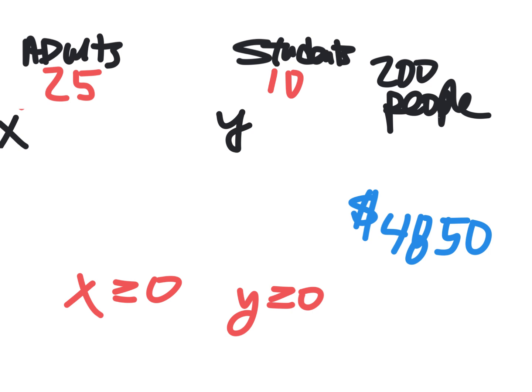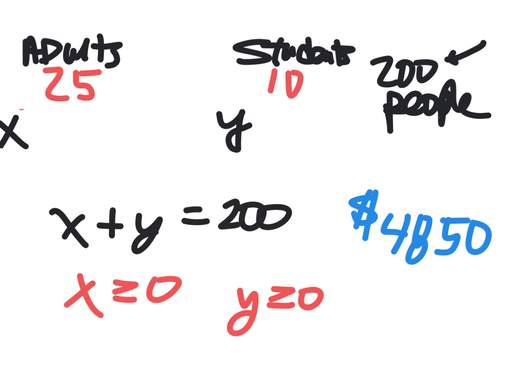Next one, this is really common for people to think this 200 has to be more complicated than just X plus Y, but no, it's just X plus Y equals 200. That's it. Because I said there were 200 people there. Now, what if I had phrased it this way? There's only 200 seats. Then how would that change this?